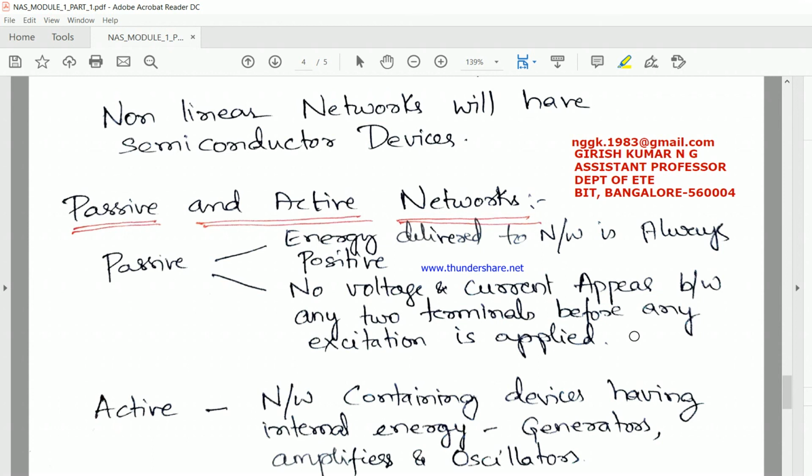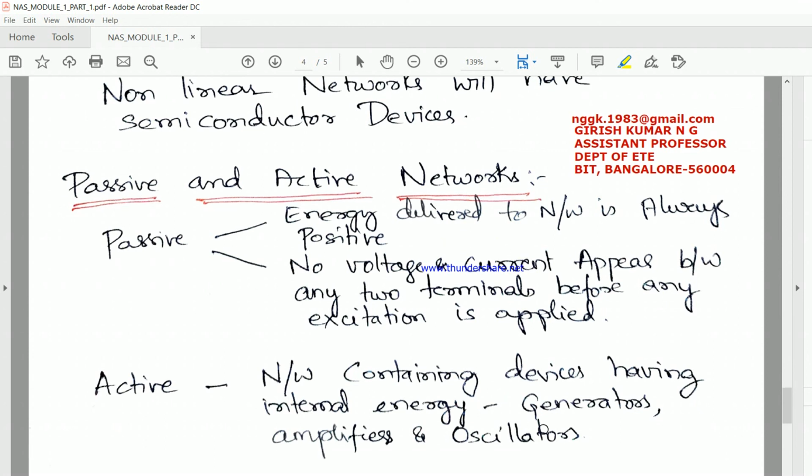But with active elements that is not the case. You will have an initial behavior, some sort of current, even though the excitation is not applied. Examples are generators, amplifiers, oscillators and so on.